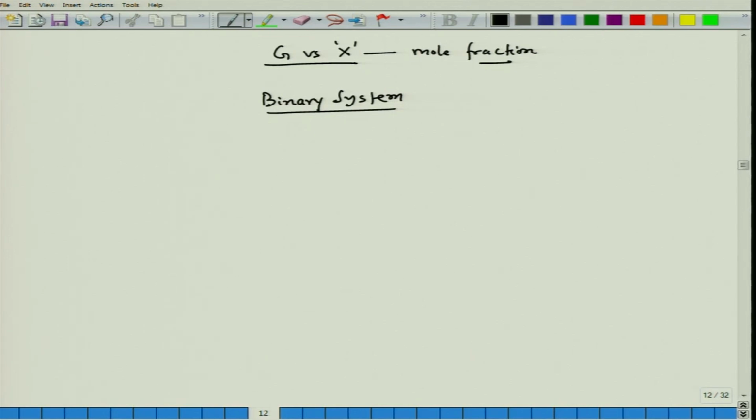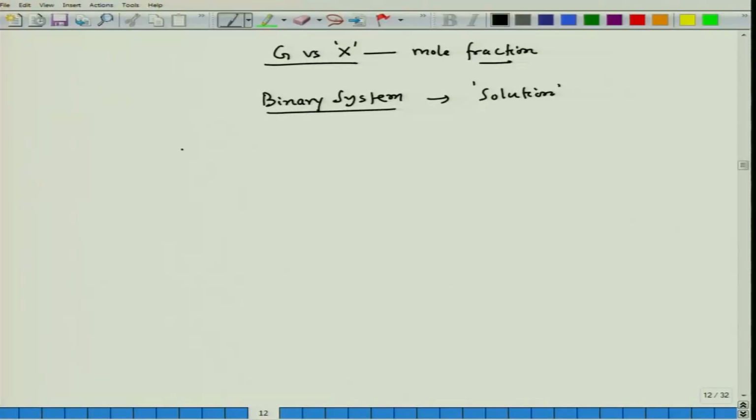So, let us confine to a simple system which is binary. And whenever we talk about binary system, we generally consider solution in the beginning. There could be formation of compounds, but let us keep it aside for the time being. We will just consider solution, and that solution could be liquid solution, it could be solid solution of two elements.